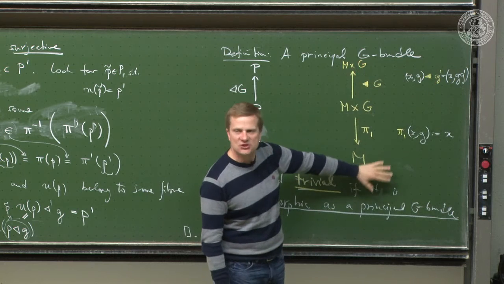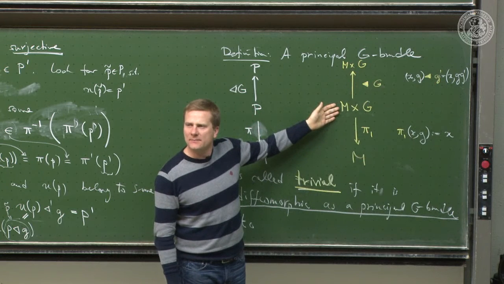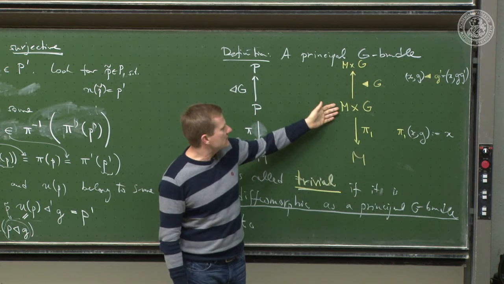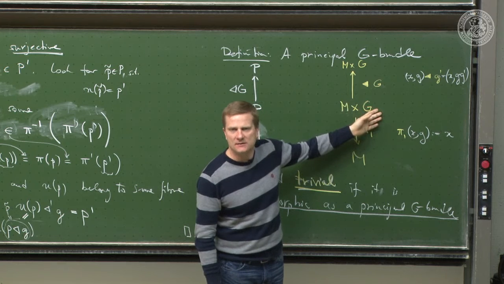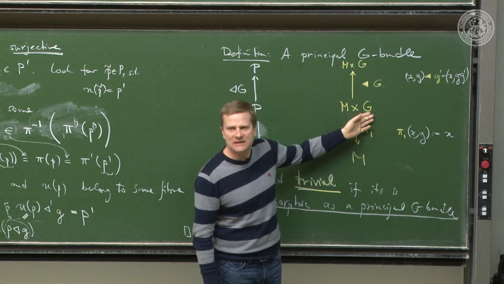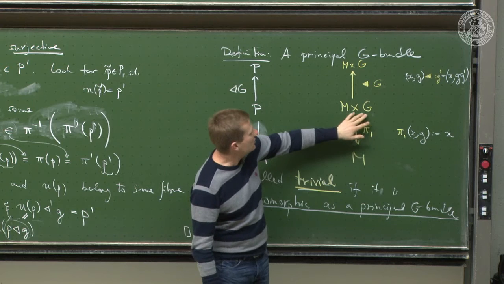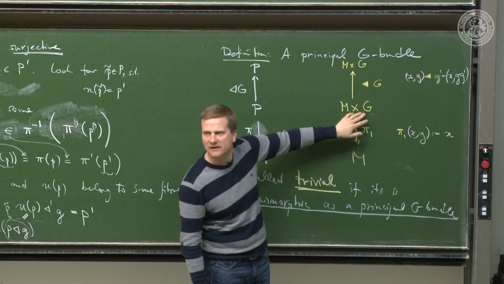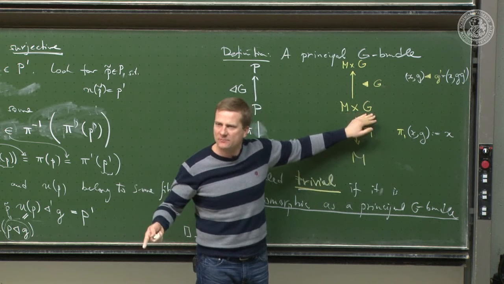So you have a principal G bundle here, which is the trivial bundle. And you remember at the beginning of this lecture on principal bundles, I said that a principal G bundle very roughly is a bundle with a fiber G. Well, it is a bundle with a fiber G also very precisely, but it's certainly not a trivial bundle like this, right? Here you have a manifold and you attach the group G as a fiber at every point.